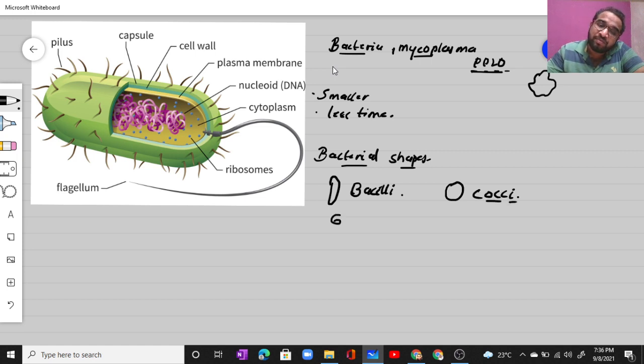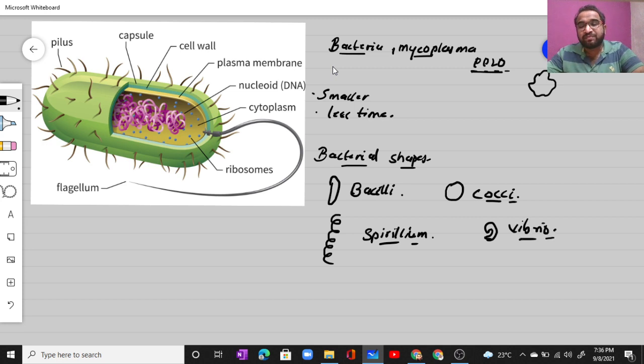Some bacteria may be present in a spiral form, which is called spirilla, or spirillum. And some are present in the form of a comma. These are called vibrio. Vibrio cholerae is the best example of this comma-shaped bacteria. So there is bacilli, there is cocci, there is spirillum, and then there is vibrio.